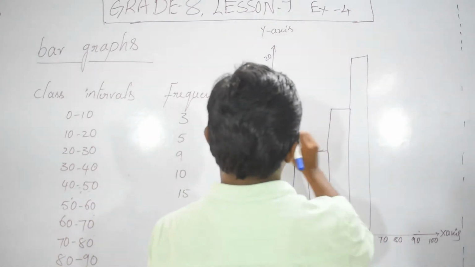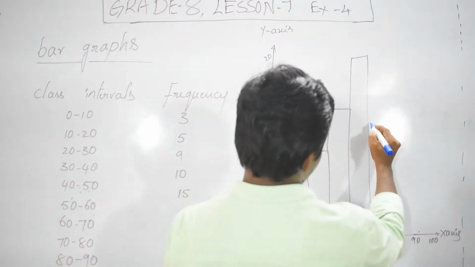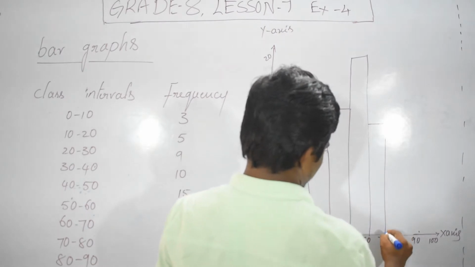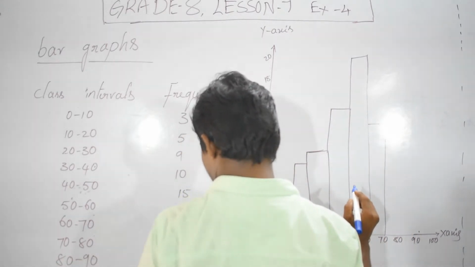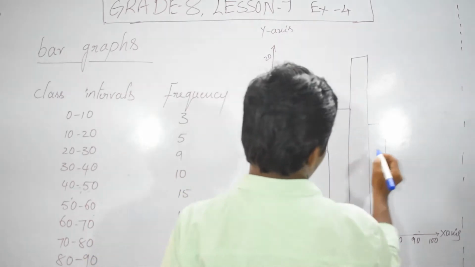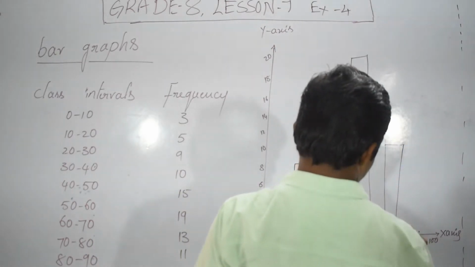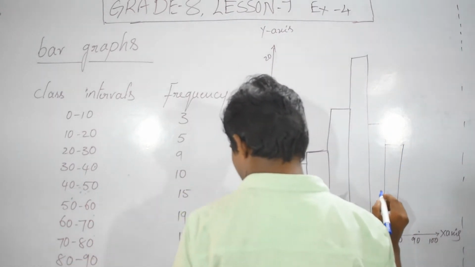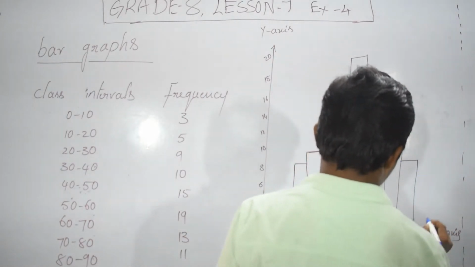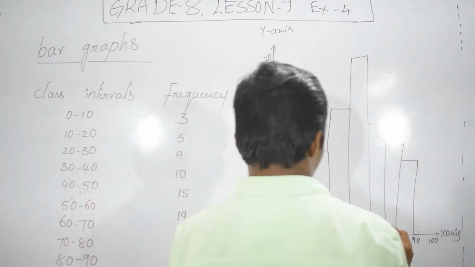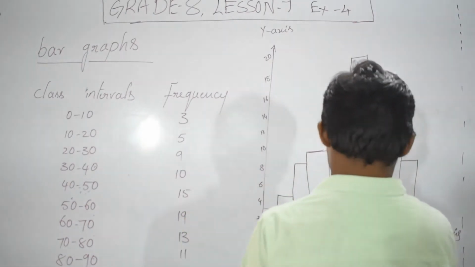Where is the 13 here? 70 to 80, 11. 80 to 90, 9. 90 to 100, 5.